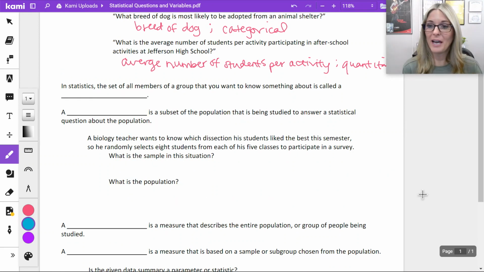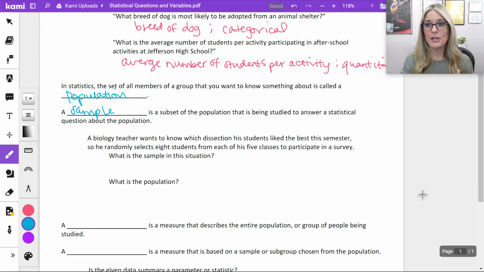So a couple more vocabulary words to add to what we've already discussed. In statistics, the set of all members of a group that you want to know something about is called a population. Next blank here, a sample is a subset of that population that's being studied to answer your statistical question about the population.